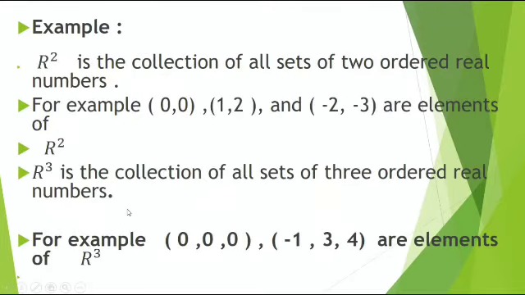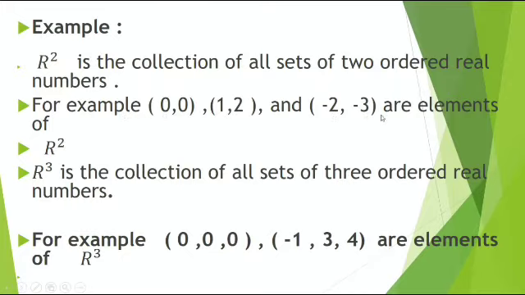So I have an example of R^2. R^2 is a collection of all sets of two ordered real numbers. So, for example, (0, 0), (1, 2), and (-2, -3) are elements of R^2.